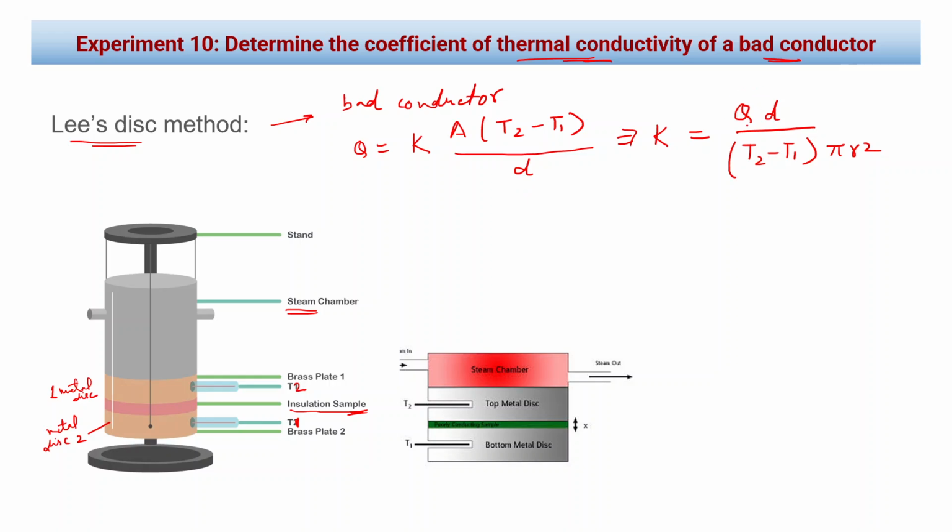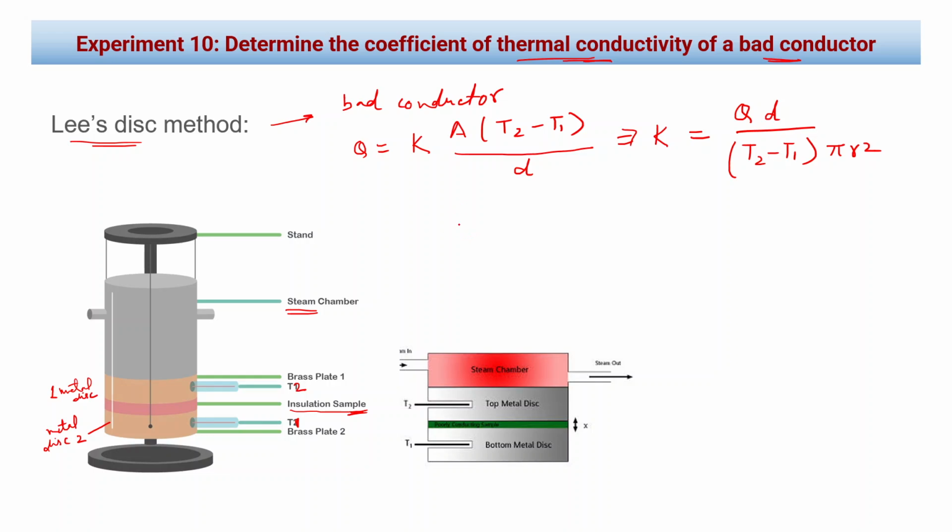Right now we don't know what the rate of heat transfer is, but what we understood from specific heat capacity is that it is the amount of heat required to raise the temperature of 1 gram of material by 1 degree centigrade.